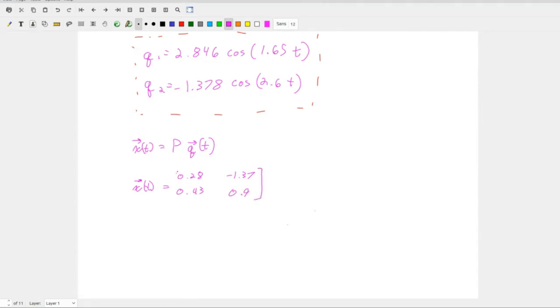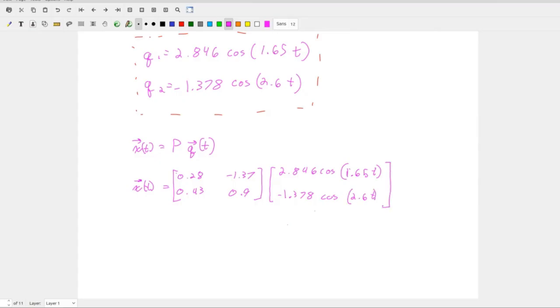I'm dropping some significant figures. Times our vector, which is 2.846 cosine of 1.65t, and negative 1.378 cosine of 2.6t.